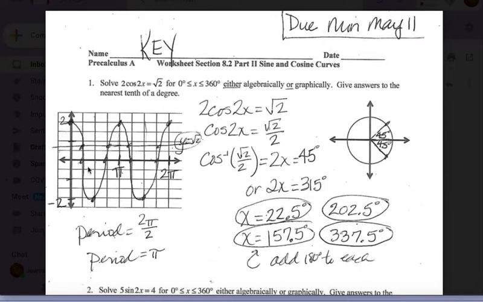But since the period of this function is every 180 degrees, just from here, go another 180 degrees, and I have 337.5 degrees. I graphed y equals 2 times the cosine of 2x, and then I graphed y equals root 2 over here, 1.4-ish, and the intersections will be those angle measures.